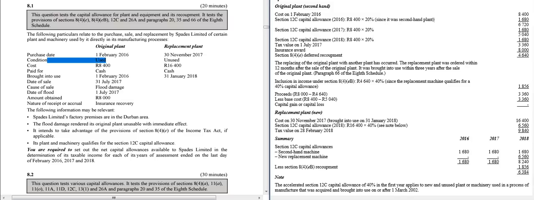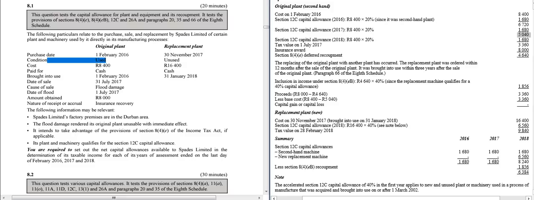We had this asset for the full year. So in other words, our Section 12C allowance during the 2017 year of assessment is again 1,680 Rand. That means our tax value as at the beginning of the tax year will then be 5,040 Rand.